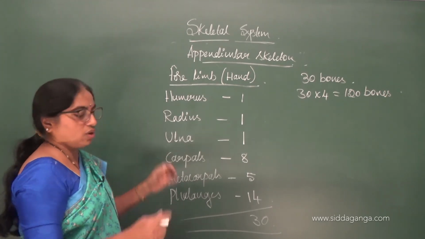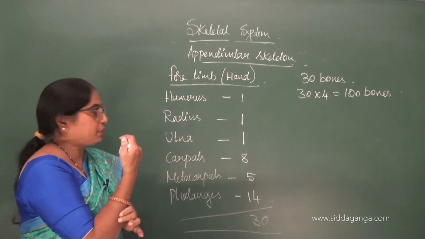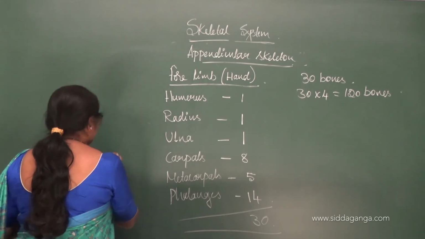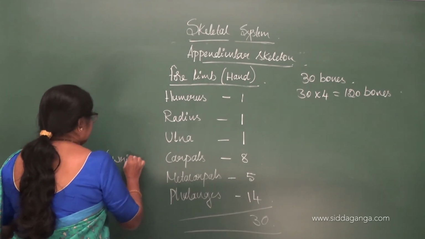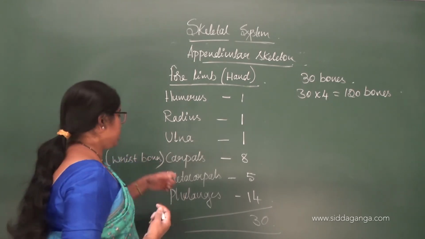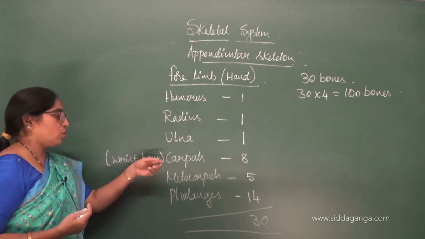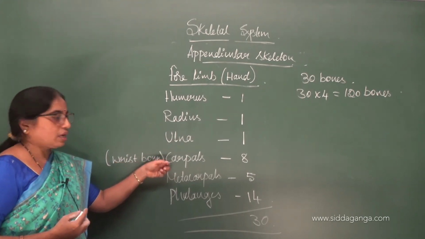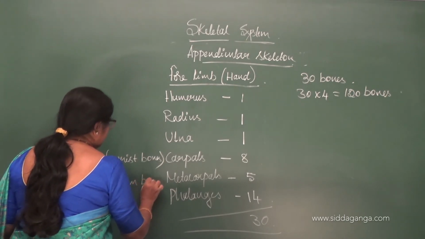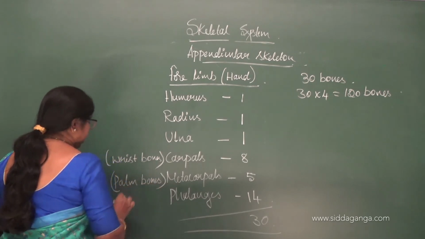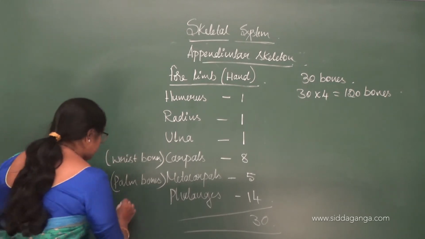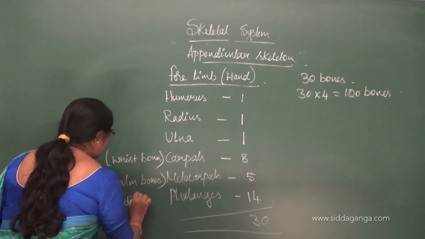The radius and ulna are the bones present in this region, which is made up of two bones, the radius and the ulna. The carpals are referred to as the wrist bones. The region where you tie your watch is the wrist, and these wrist bones are 8 in number and they are referred to as carpals. The metacarpals are the bones of the palm, and the phalanges are nothing but the digits or the fingers.